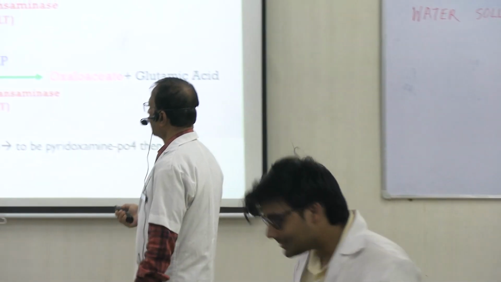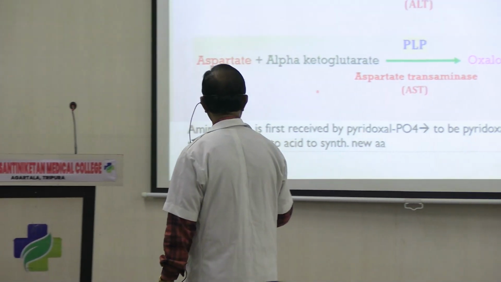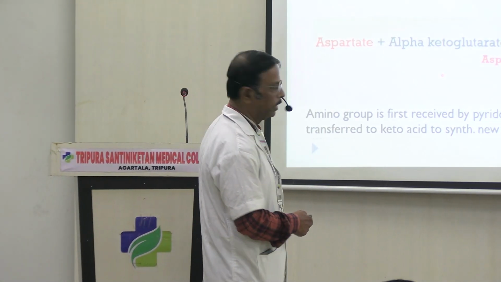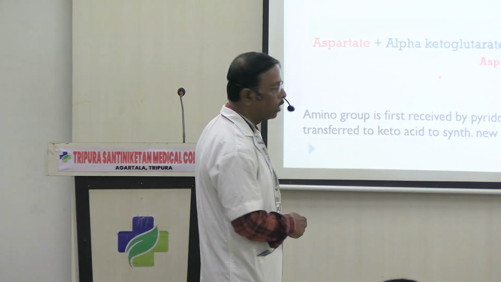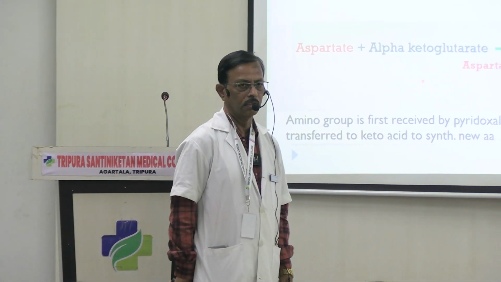Understood? So alanine is the amino acid. The amino group is removed from alanine, and it has become a keto acid, pyruvate. Alanine has converted into pyruvate, and alpha-ketoglutarate, which is a keto acid, has become a new amino acid, glutamic acid. Understood now?